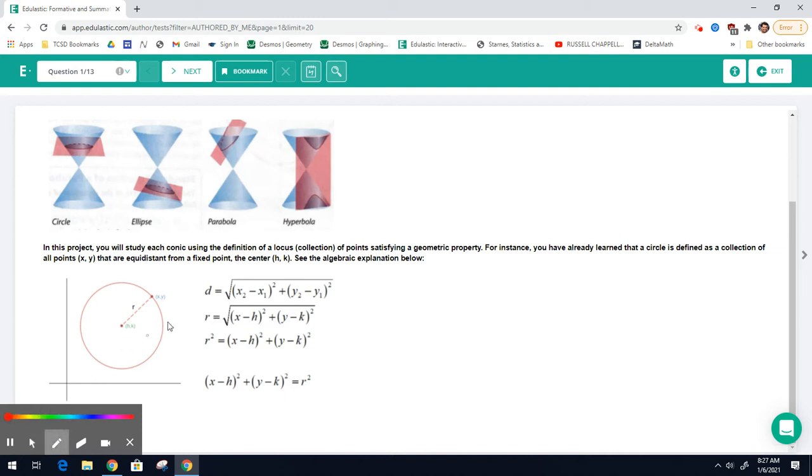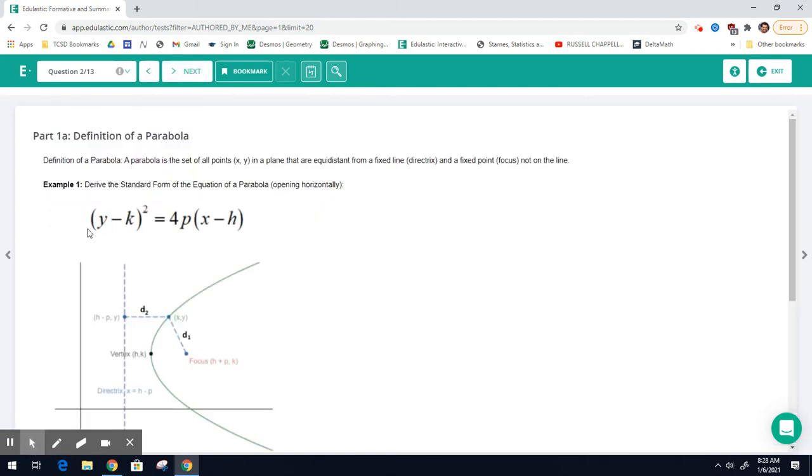We let x1, y1 be the center. We let x2, y2 be the point x, y. We let x, y be the center h, k. We square both sides, and that's how the radius gets squared. And there's your circle equation right down here. Okay, so that's going to be helpful in this first task.